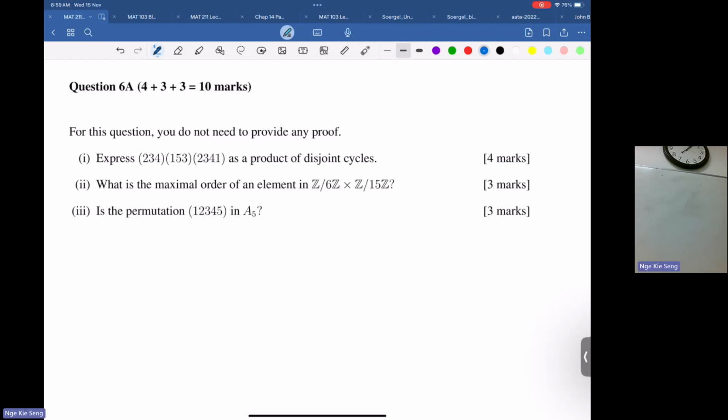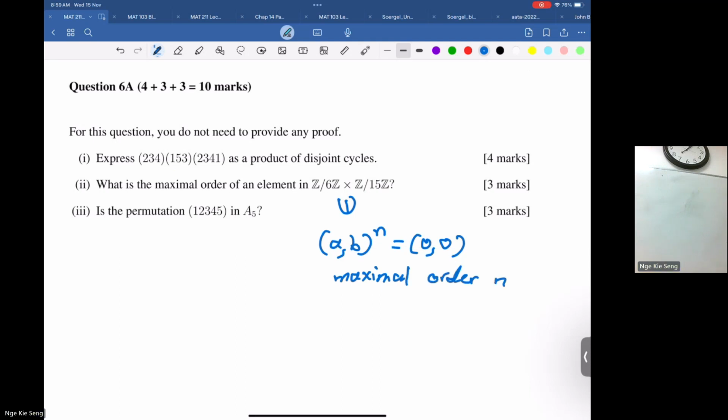In this question, you are asking for the maximum n for any (a, b) such that n times (a, b) is equal to 0. So where is the maximum of the least number for (a, b) to go to 0? This idea of maximum and least you see in analysis.